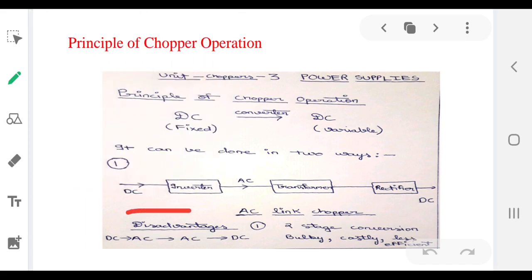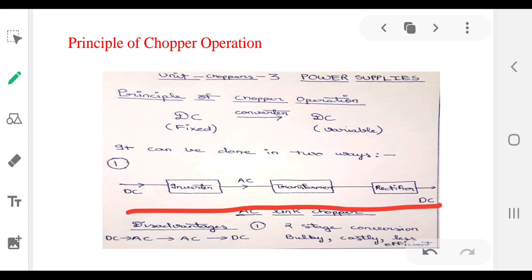Now in the first way, DC is first converted into AC through an inverter, and that AC is again converted into AC by a transformer action, step up or step down, and that step up or step down AC is again converted into DC through a rectifier operation.